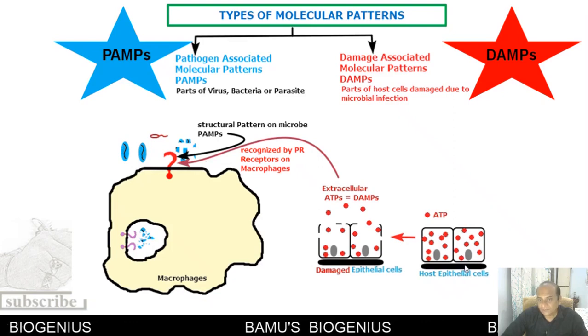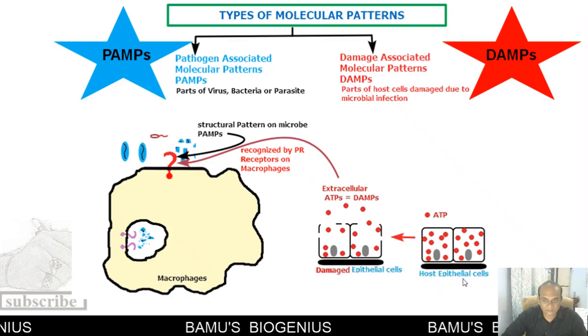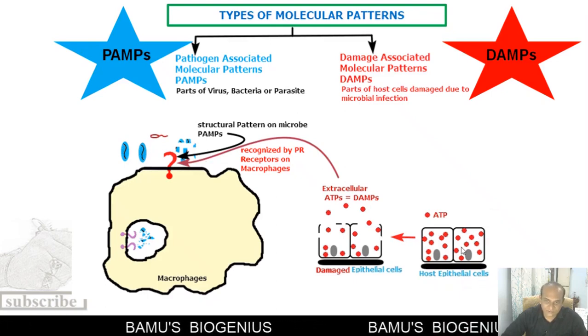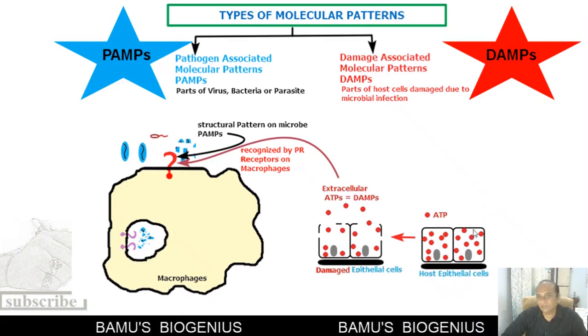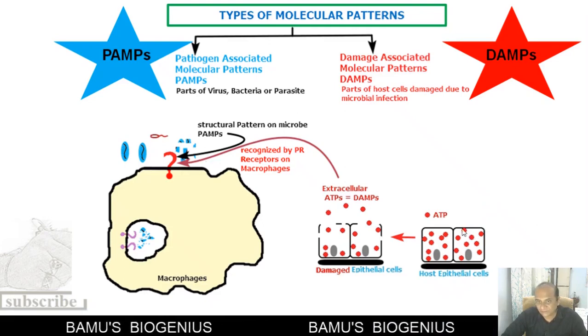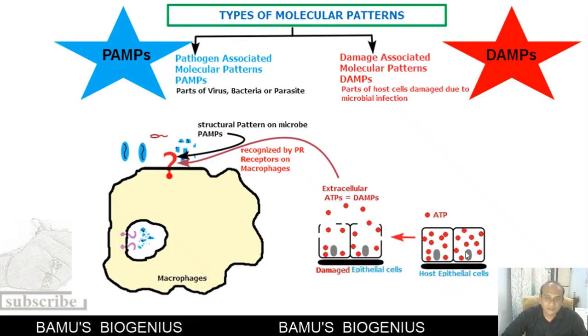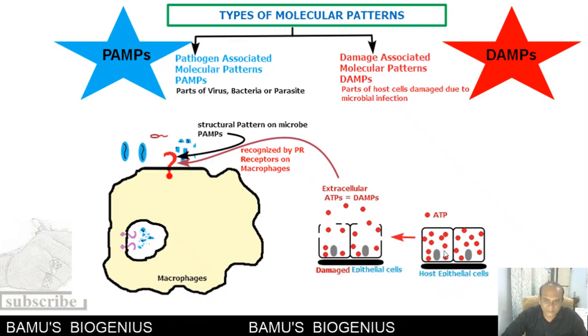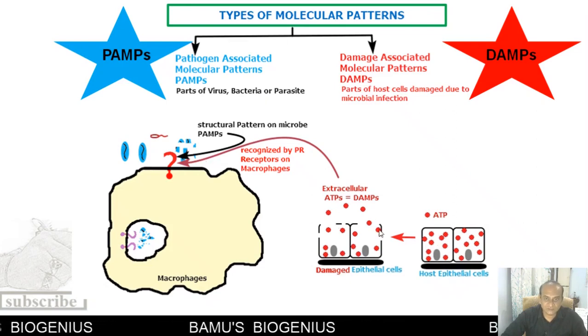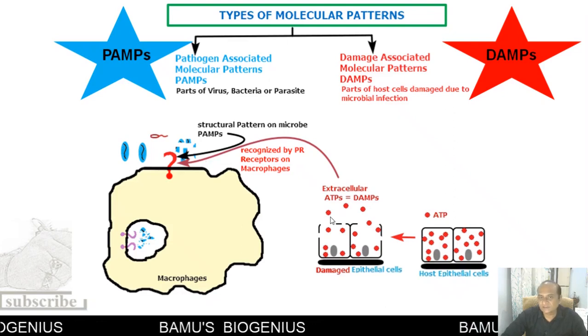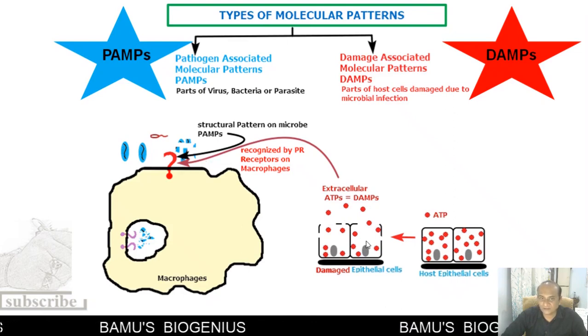Similarly, take the example of host epithelial cells. Due to infection, say a viral infection, if this particular cell gets damaged, the ATPs present in the cytoplasm of this cell are released. Extracellular ATP is an unusual thing that suggests there may be damage to the host tissue.